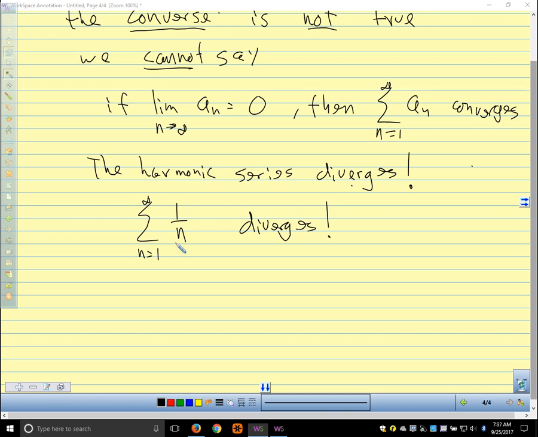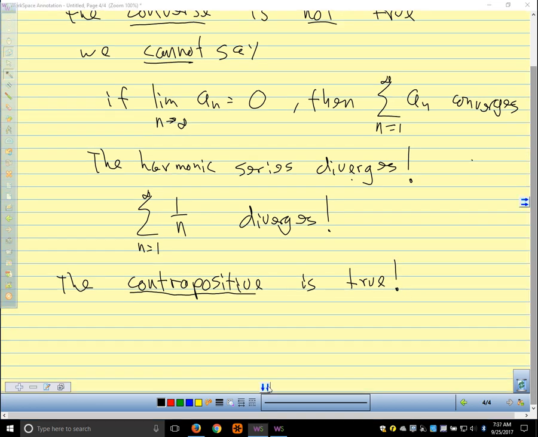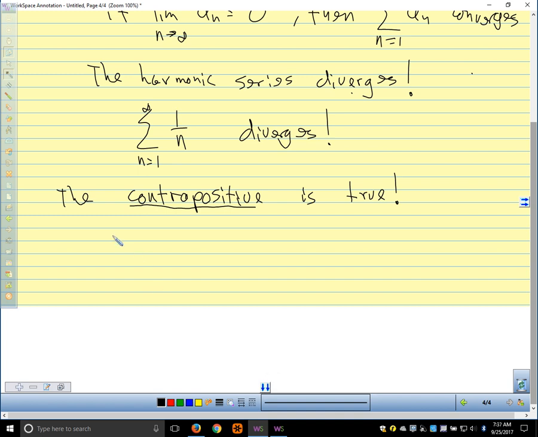The contrapositive is true. We're using all these logic terms. So the contrapositive gives us our nth term test for divergence.